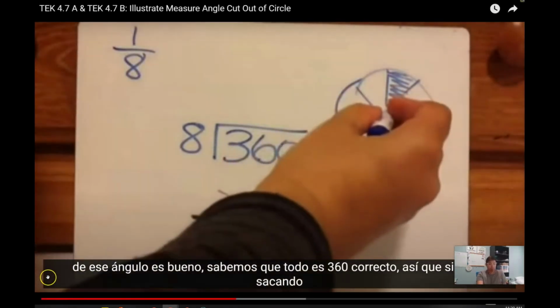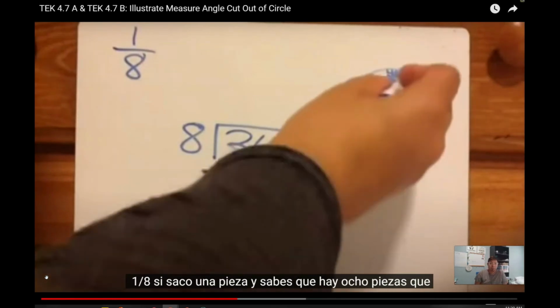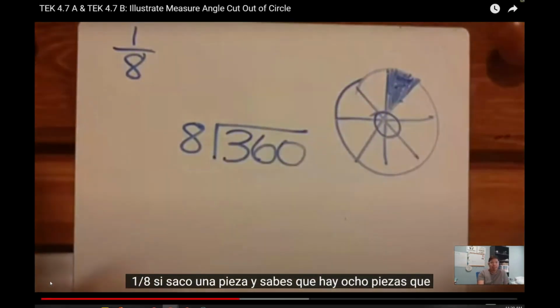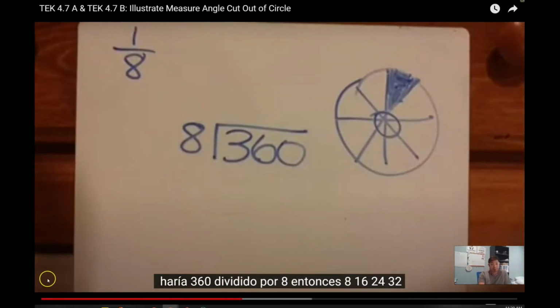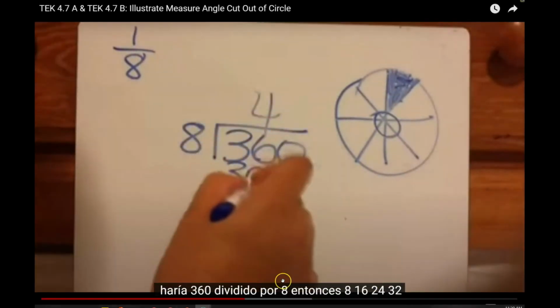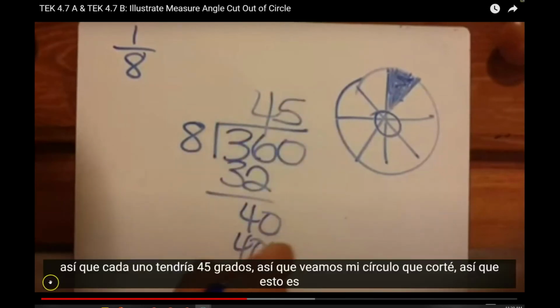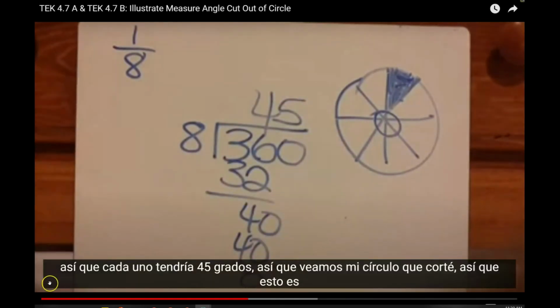If I'm taking out one piece, and there's 8 pieces, I would do 360 divided by 8. So 8, 16, 24, 32. Each one would be 45 degrees.